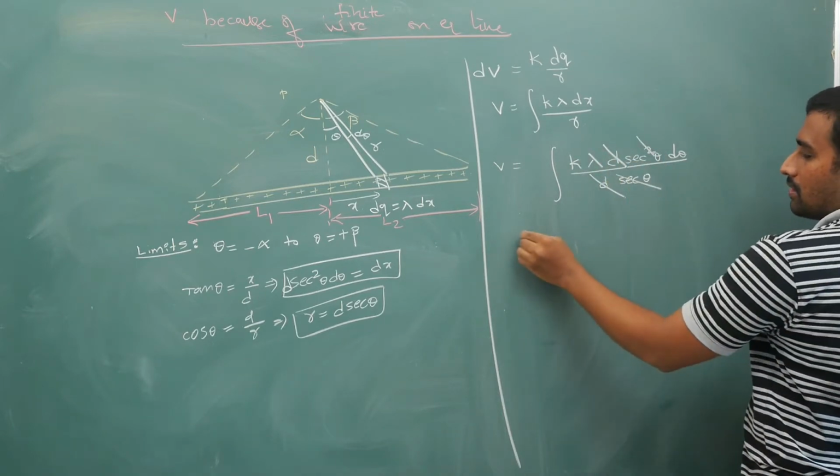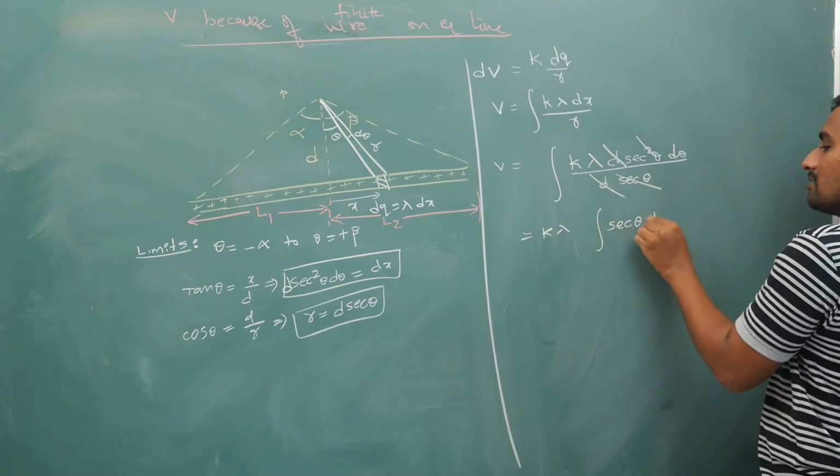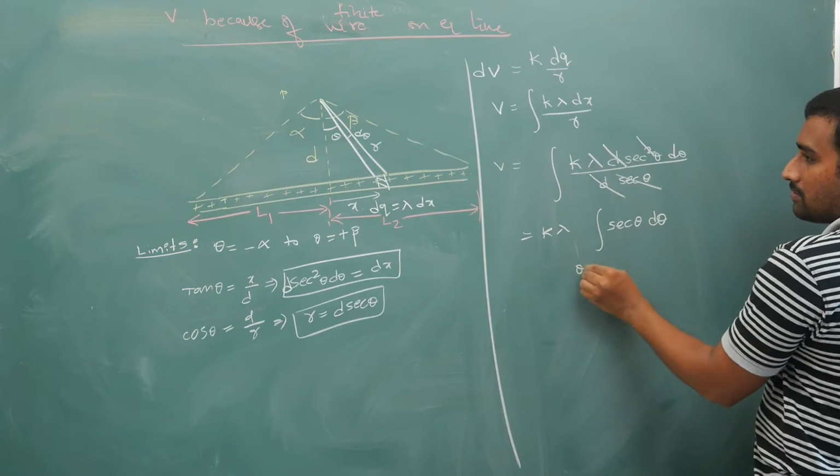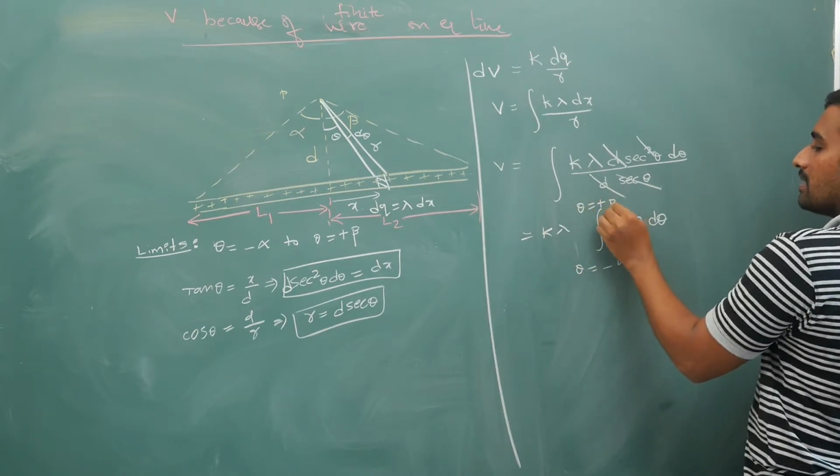So you are going to get k lambda times integral of secant theta d theta from theta equal to minus alpha to theta equal to plus beta.